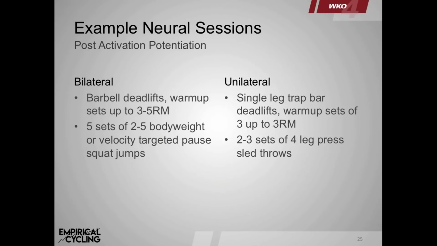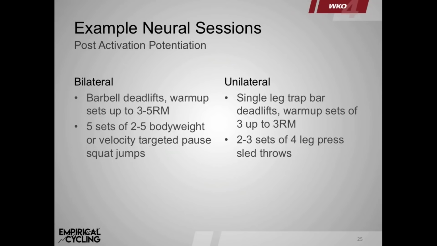So here I have example neural sessions, what I call neural sessions. This takes advantage of a phenomenon called post-activation potentiation. So you do something heavy, and then you do something light and fast.